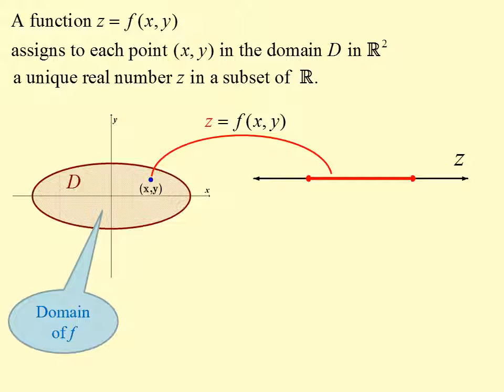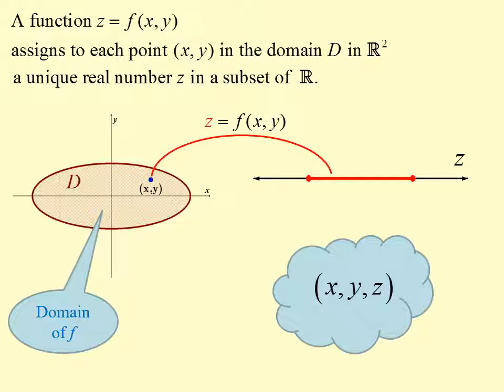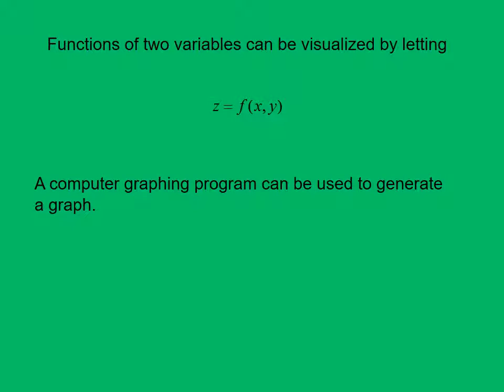Notice the normal procedure is when we give points in this system, we give them as ordered triples with the x, then the y, then the z in that order. Nearly all graphing utilities that help us visualize functions of two variables use z as the third variable.